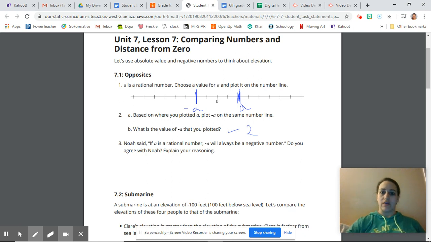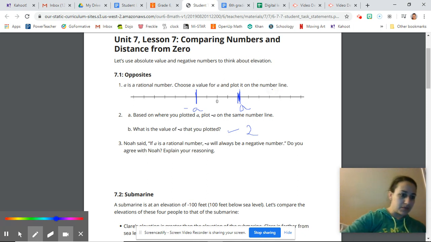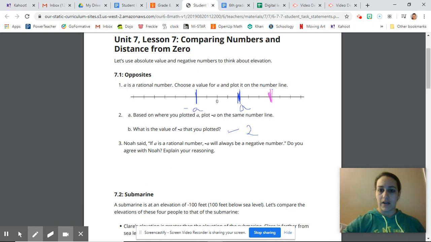So if we had chosen 5, let's say, if we had put it up here, if that's 2, 3, 4, and 5, and I call that B, let's say, I'm just picking a different point, well, then negative B would be the same distance from 0, but going the opposite way. There's 2, 3, 4, 5, and I would call that negative B.